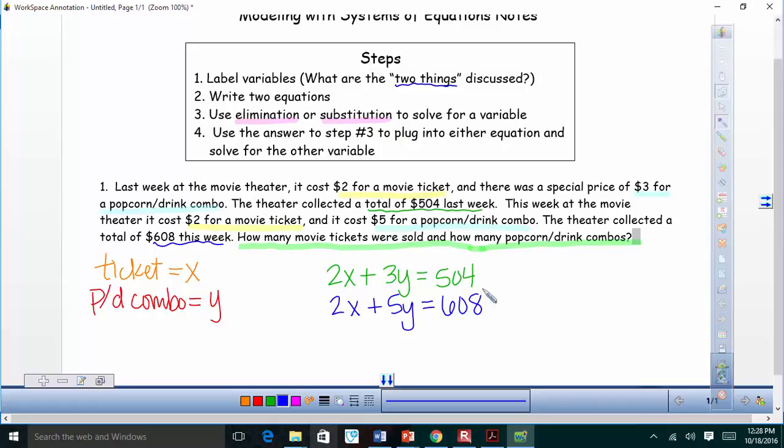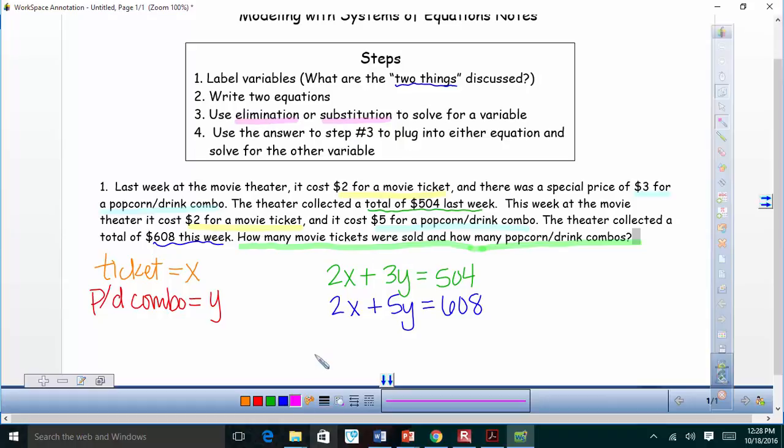I think elimination, because see how my x's are lined up, my y's are lined up, my numbers are lined up, and in elimination, what do we look for? Same number, different sign. Okay?